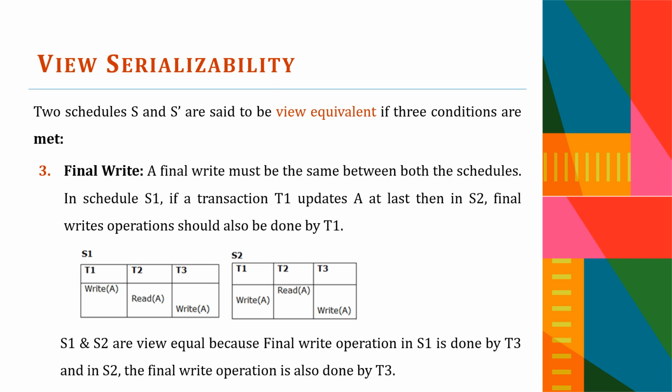In the given example, the final write on A in S1 as well as in S2 is done by the transaction T3, and so they are view equivalent. So two schedules S and S bar are said to be view equivalent if the three conditions, initial read, updated read, and final write, are met.